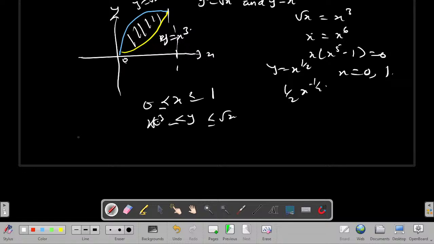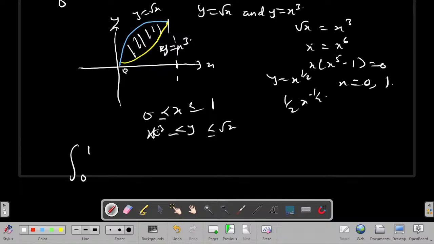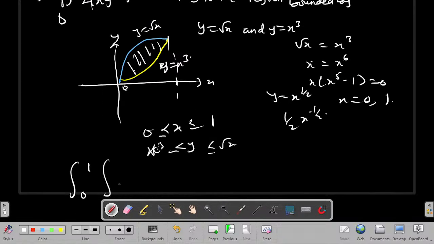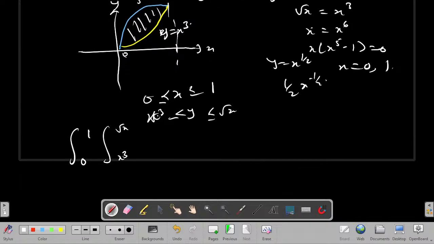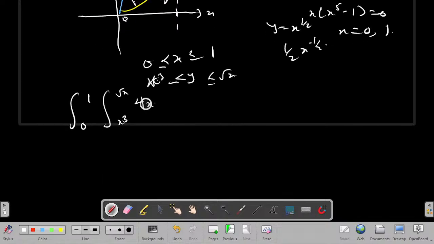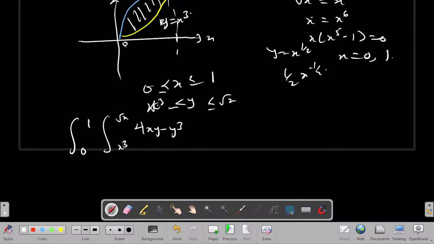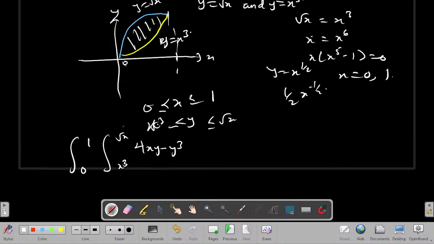Once you have this done, then you bring your integral. So my double integral, my outer will be 0 to 1, and that is for x. And my inner will be from x cubed to root x. Then I'll have my 4xy minus y cubed, then you have the dA.